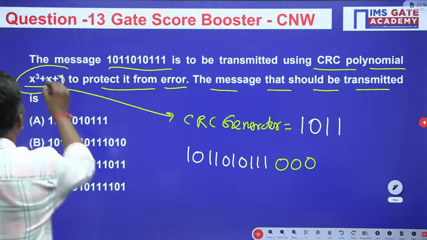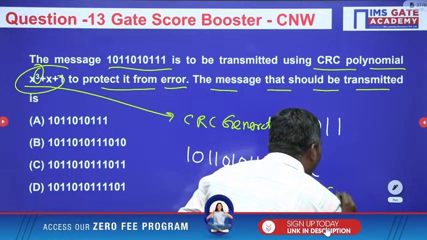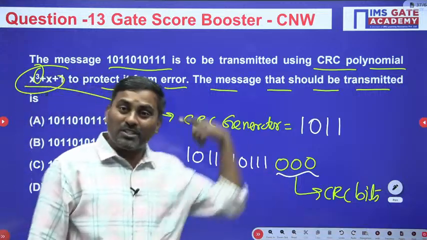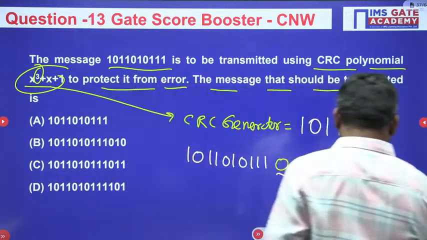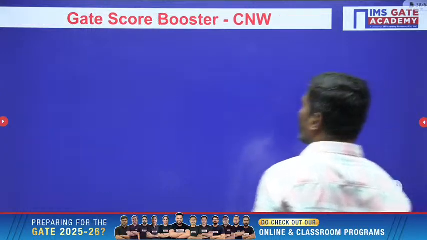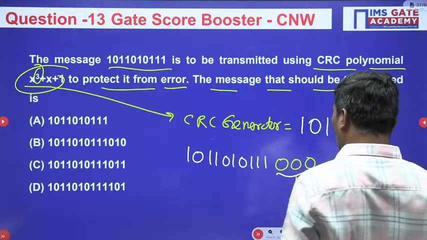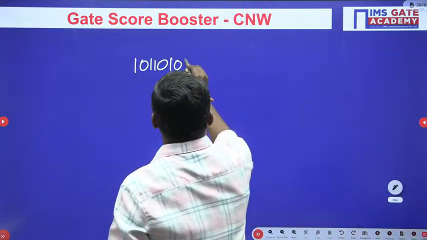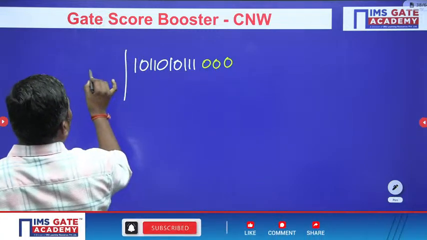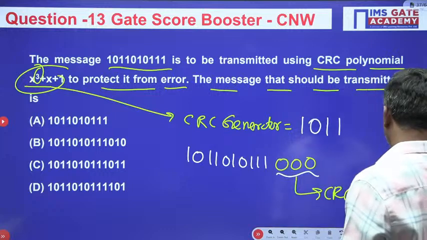Or else you see the degree of polynomial, and add that many bits. This value is nothing but the check bits, the CRC bits, which we need to calculate and send, right? So what is given? 10110, 10111, and for this we added zeros. Now we have to perform the division operation with the CRC generator, an XOR operation.